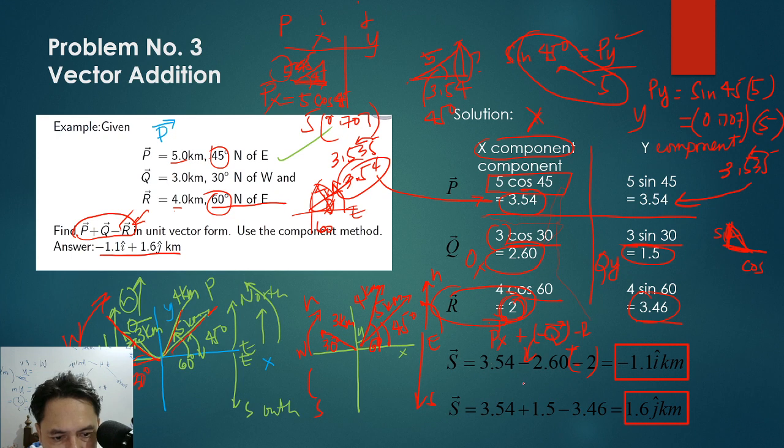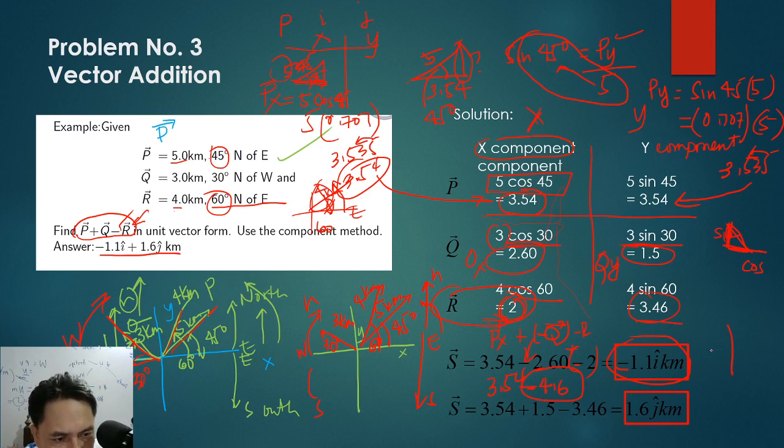Why is that? Because negative 2.6 minus 2 is negative 4.6, and this 3.54. So negative 4.6 is the larger entity. Then plus 3.54, you will have a difference of 1.1, but it is negative. So negative 1.1 kilometers, because we're dealing with kilometers.